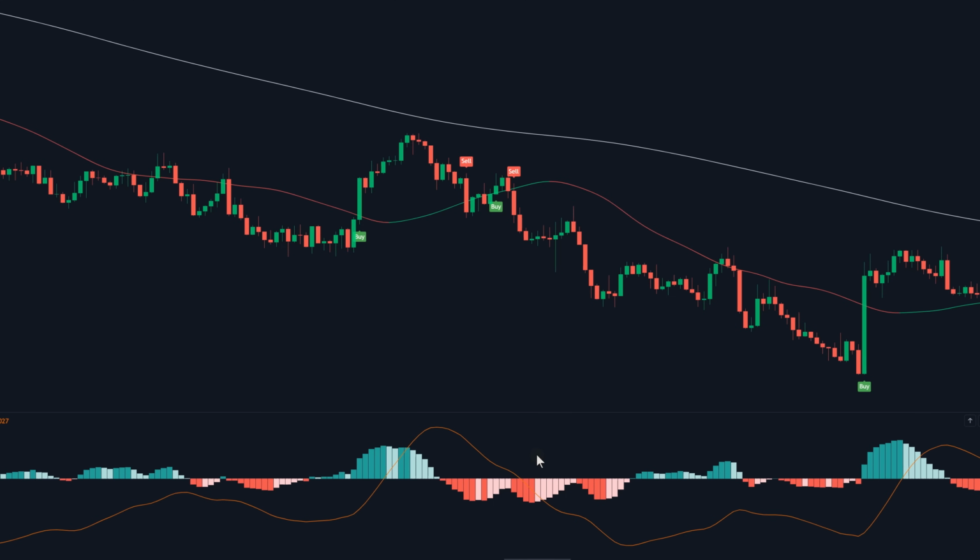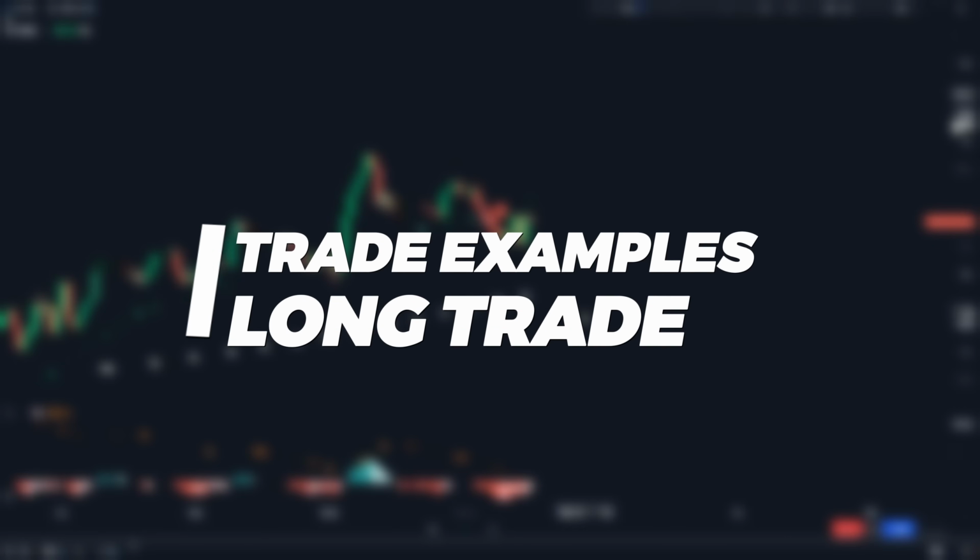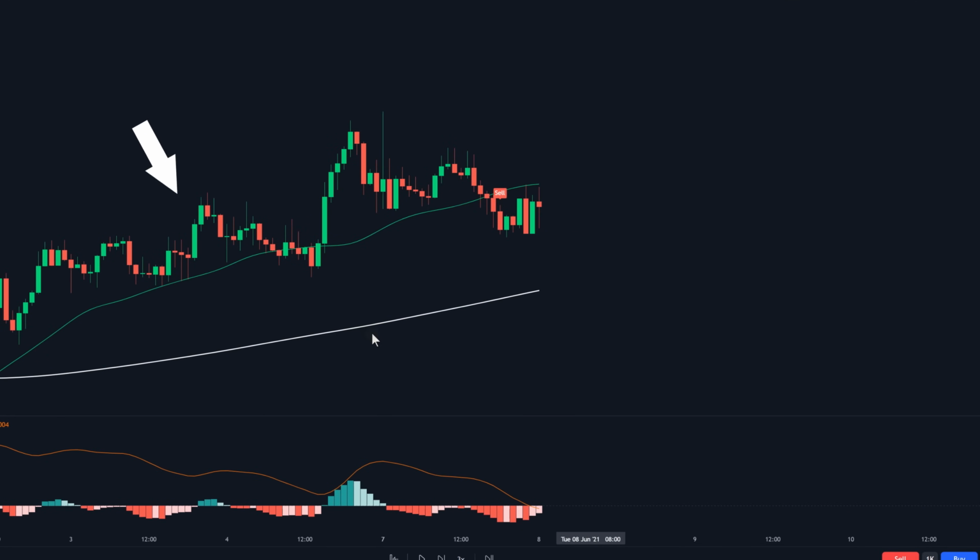Now, to trade using these 3 indicators combined, here is how we're going to do it. To take a long trade, first, the price must be trading above the KNN classifier, this white line, to indicate that the market is in an overall bullish trend. Second, the KNN classifier line, this one right here, should be colored green. This is to indicate that the market is in a short-term bullish trend.